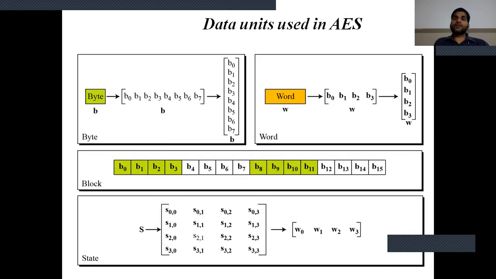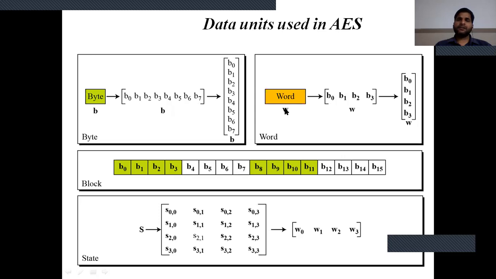So the data units used in AES are like that. If bytes are stored in an array, one byte is stored in array B0, B1, B2 up to B7, in the form of a column, B0 to B7 bytes.